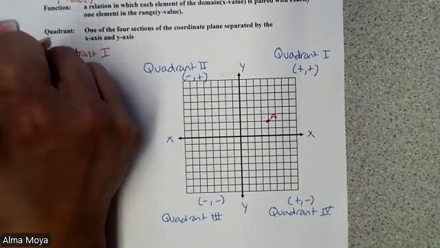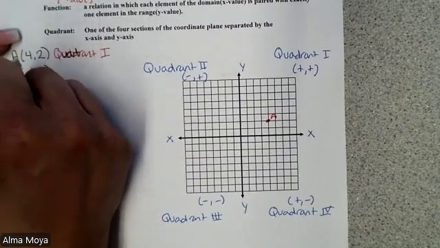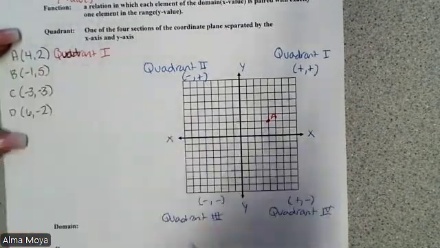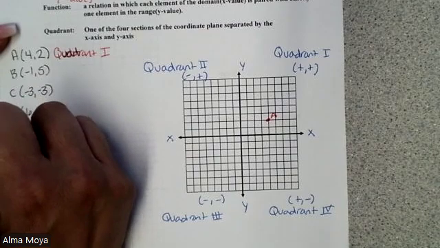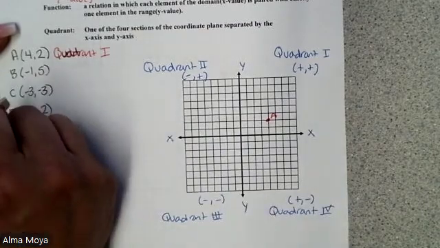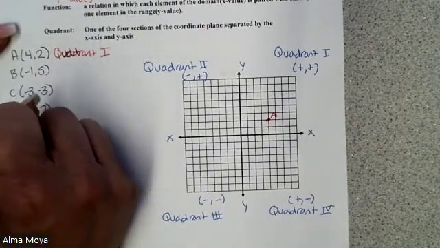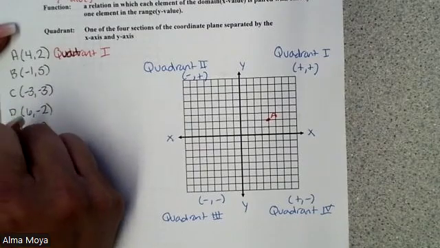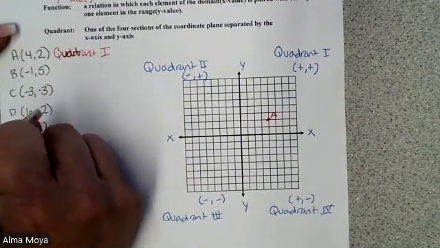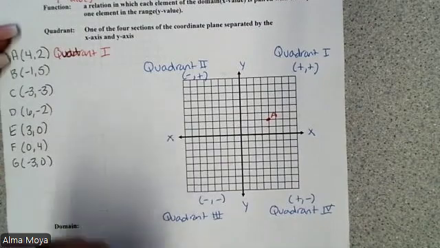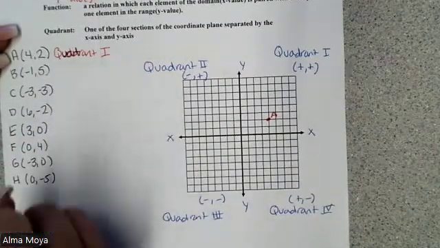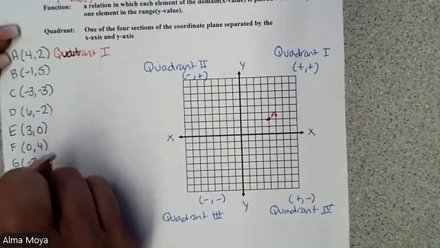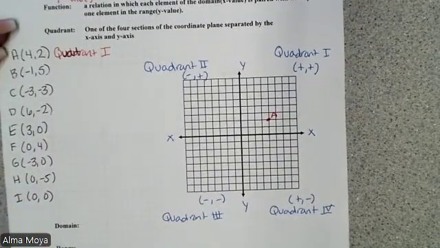C is negative 3, 3. D is 6, negative 2. E is 3, 0. F is 0, 4. G is negative 3, 0. H is going to be 0, negative 5. And I is the point 0, 0.